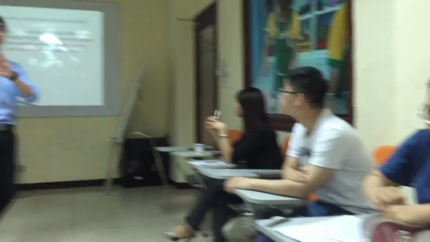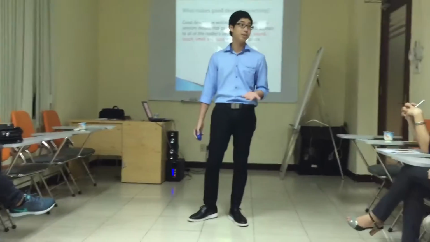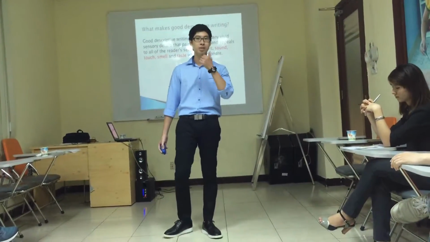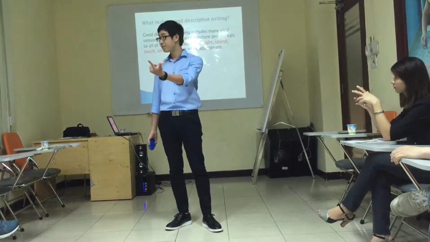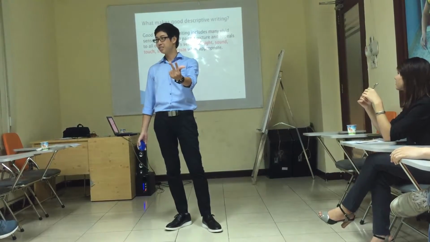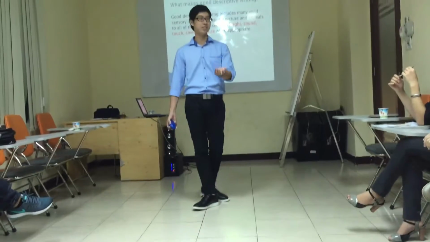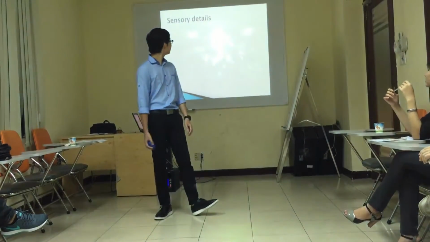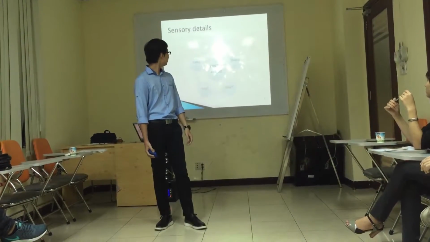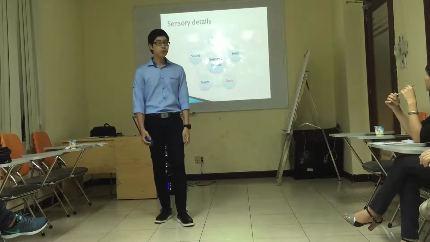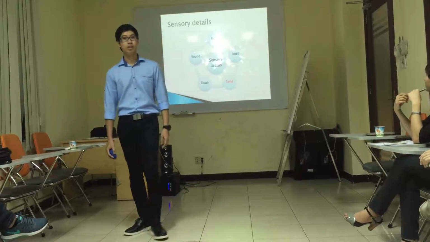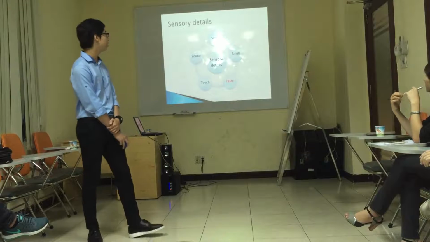Very nice. So again, in descriptive writing, it's very special. We need to apply the sensory details: the sight, the sound, touch or feeling, smell and taste. And those 5 senses in the writing we call sensory details.